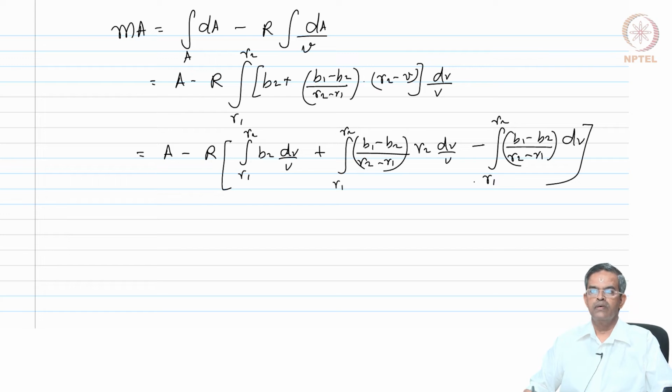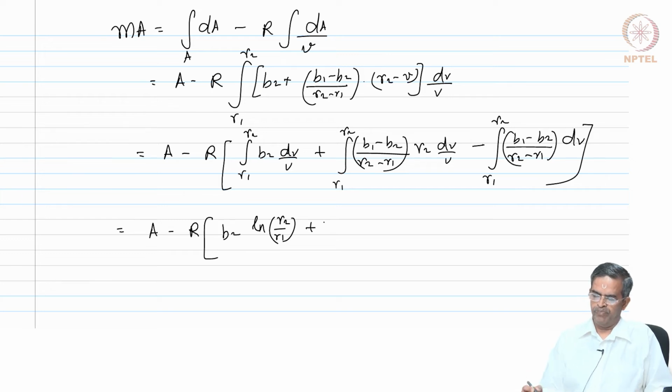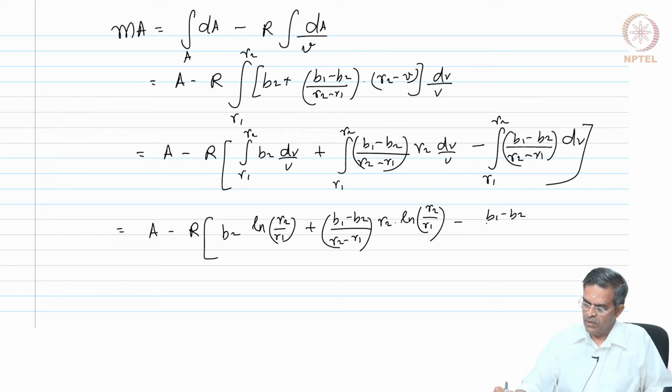Okay. So, now this will give me A minus R, B2 ln R2 by R1 plus (B1 minus B2 by R2 minus R1) of R2 of ln of R2 by R1 minus (B1 minus B2 by R2 minus R1) of (R2 minus R1).